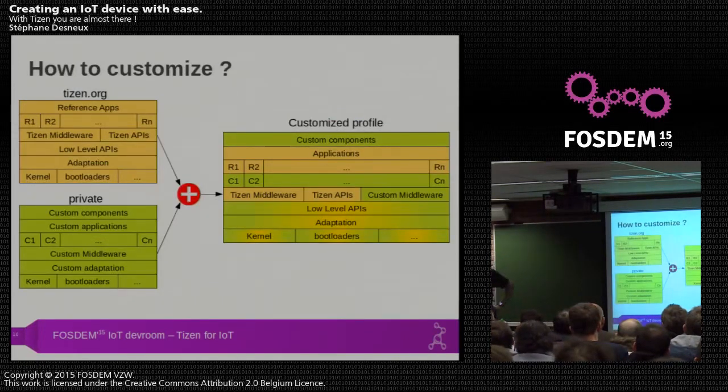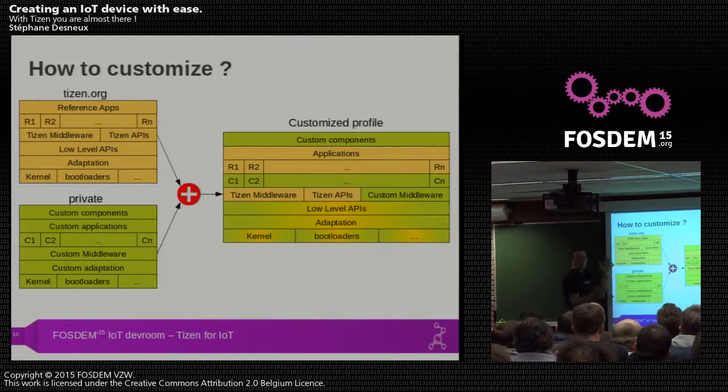The way to customize is, I would say, as usual. We have the Tizen.org reference APIs and all the architecture I showed just before. And you can just make a kind of copy, or you could have the same layers on your side.